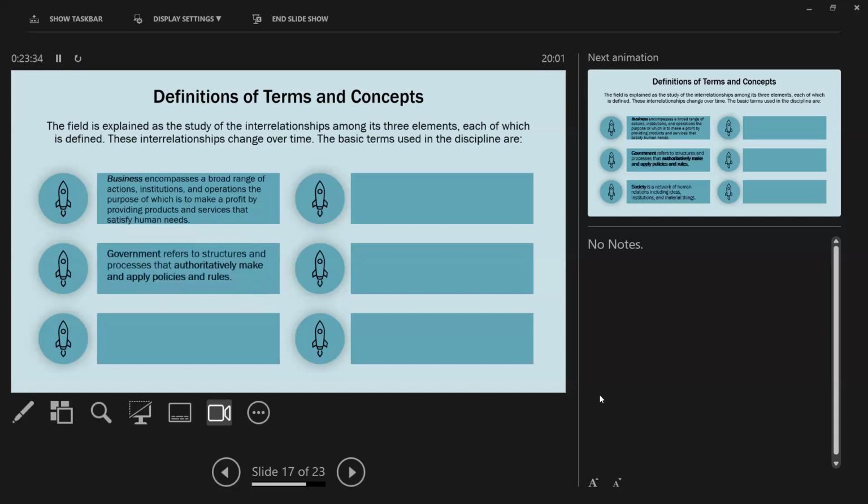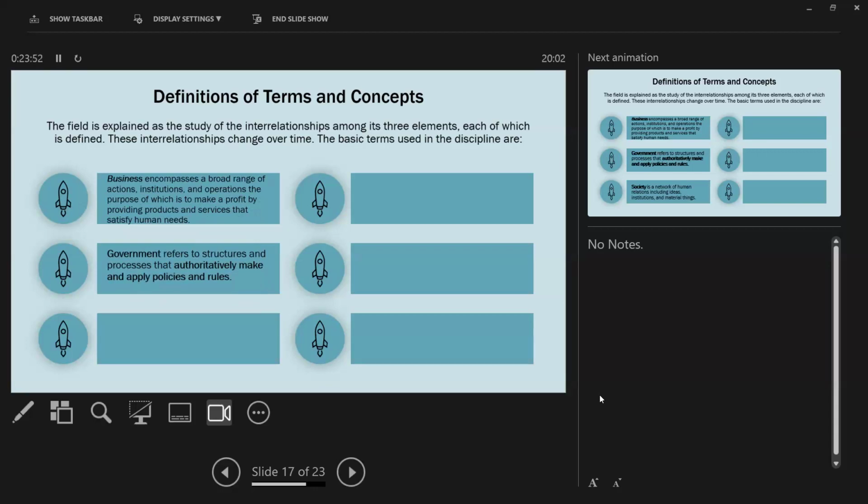So the first one is what we call business. A business encompasses a broad range of actions, institutions and operations, the purpose of which is to make a profit by providing products and services that satisfy human needs.